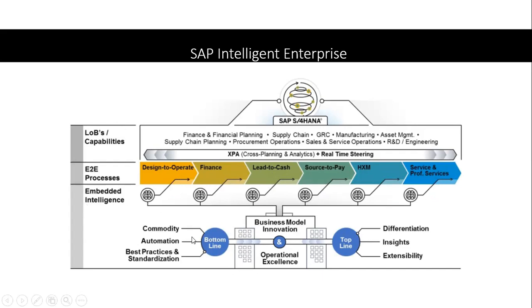You can see that the bottom line is actually to automate the process and ensure that we have best practice and standardization. And the idea is for operational excellence and innovation. And this is actually the SAP Intelligent Enterprise model.